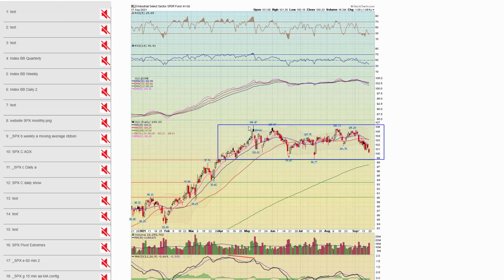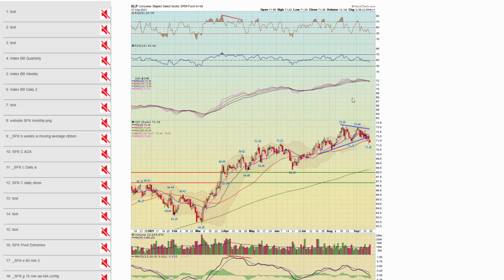Here's industrials, been going sideways, but obviously quite weakening now. The 200-day isn't really that far away. This sideways movement over the last 4 months has allowed the moving average ribbons to flatten out, and that's a negative. Here's the consumer staples, got a recent coil busting down to the downside.